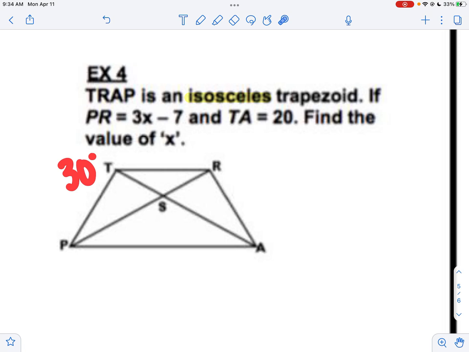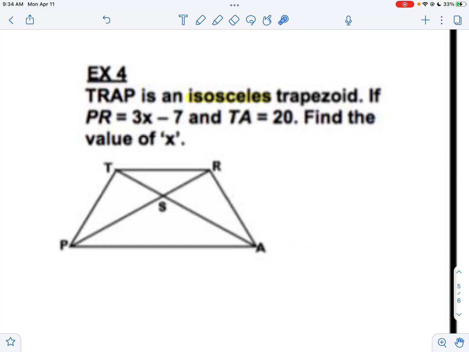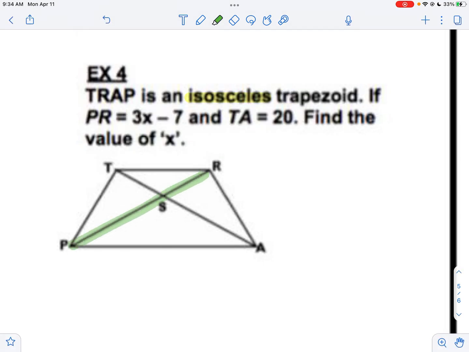Like if angle T is 30, angle R is 30, and then A would be 150 and P would be 150 because it's isosceles. Okay, it told me PR, so PR is 3x minus 7. And then it told me that TA equals 20.